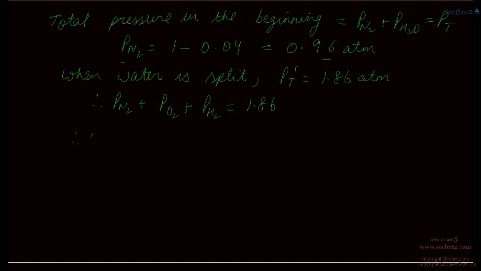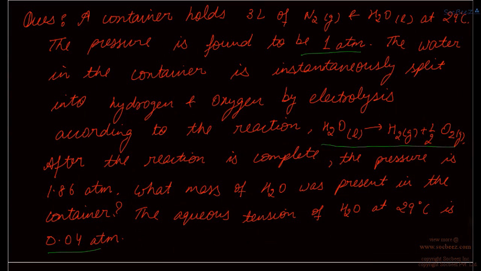So therefore 0.96 plus 3 by 2 pressure of H2 equals 1.86. This is because pressure exerted by H2 equals twice of pressure exerted by O2. Because after the electrolysis, 1 mole of H2O gives 1 mole of H2 and half mole of O2, and hence the pressure exerted by H2 will be double because number of moles of H2 is double than that of O2.